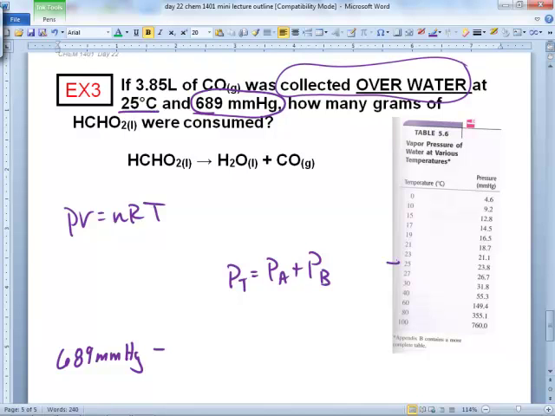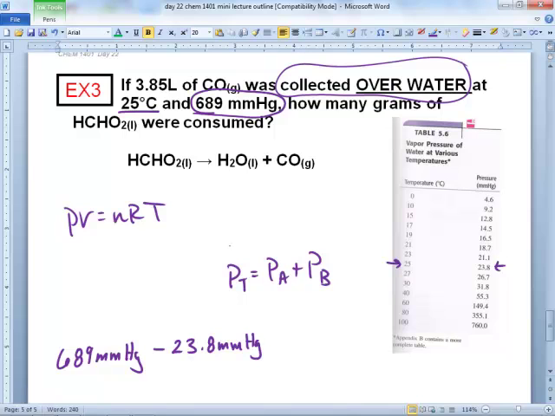Yeah, that's what I see too, right? Subtracting the 23.8. Notice how we like to have pressure in atmospheres? Don't do that yet. Because if you convert this to atmospheres and then subtract out millimeters of mercury, the whole thing's messed up. So don't do converting yet, right? Don't jump ahead.